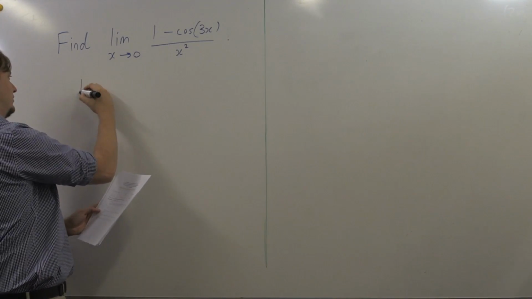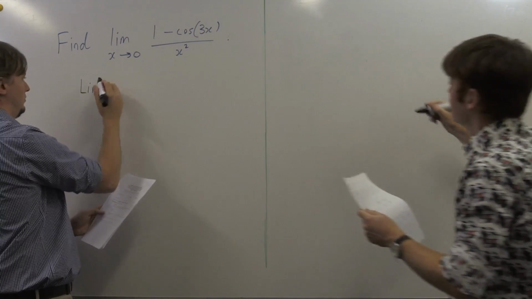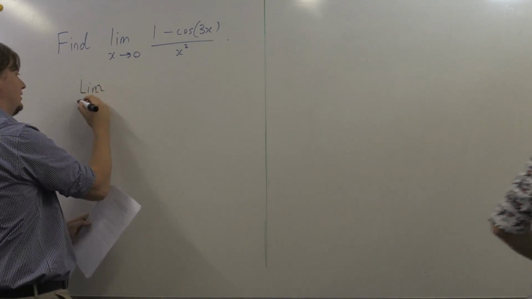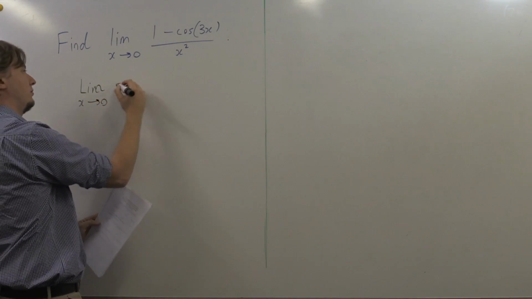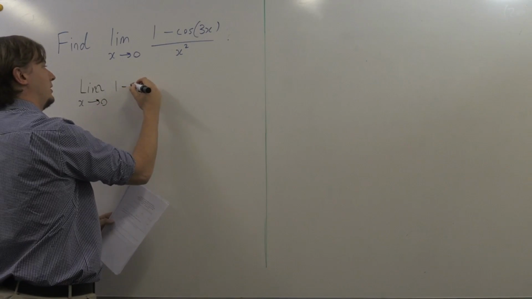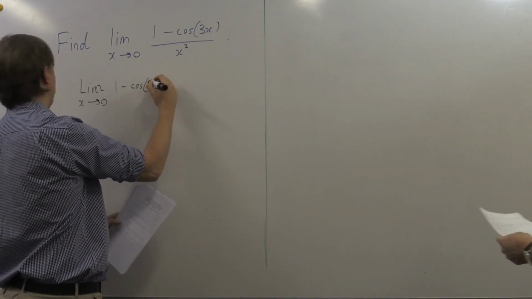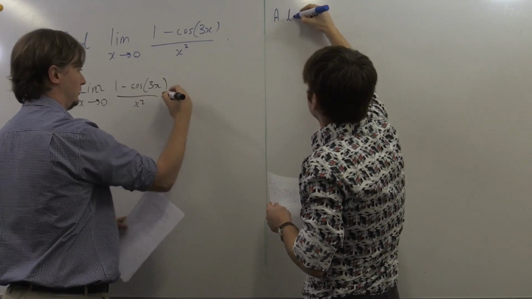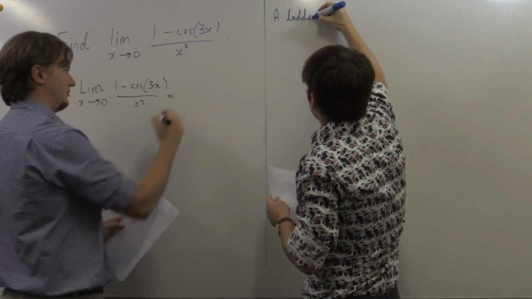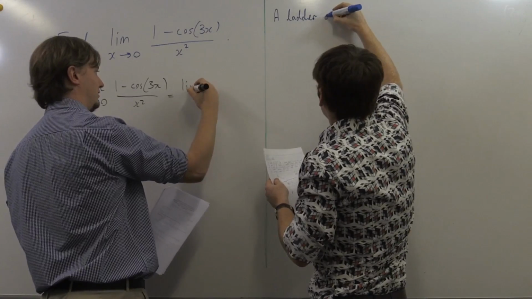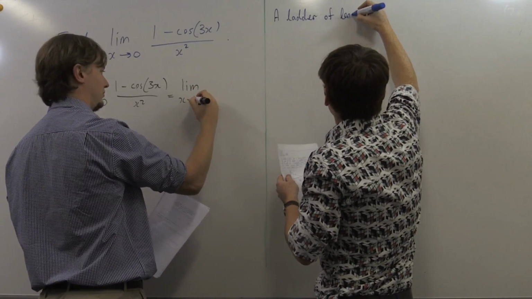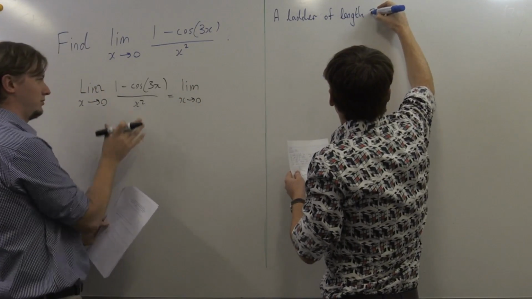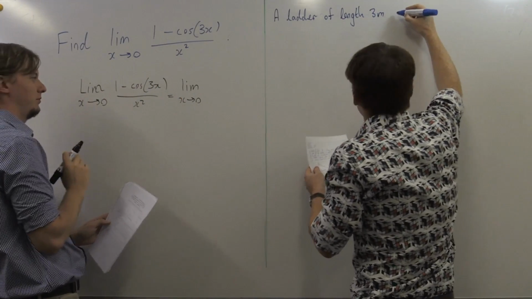So, limit as x approaches 0 of 1 minus cos of 3x over x squared. Well, if L'Hopital's rule is valid, this will be the limit as x approaches 0 of the derivative of the top and the bottom.